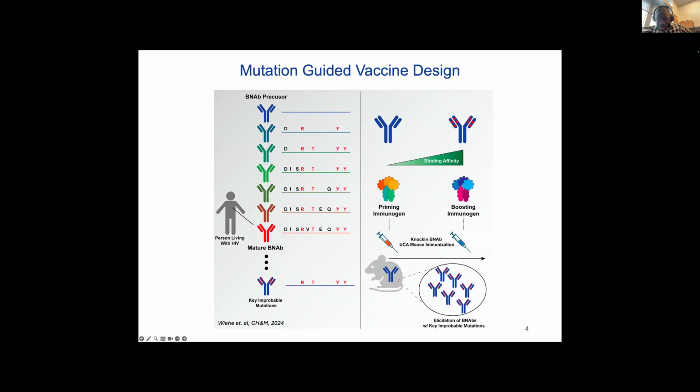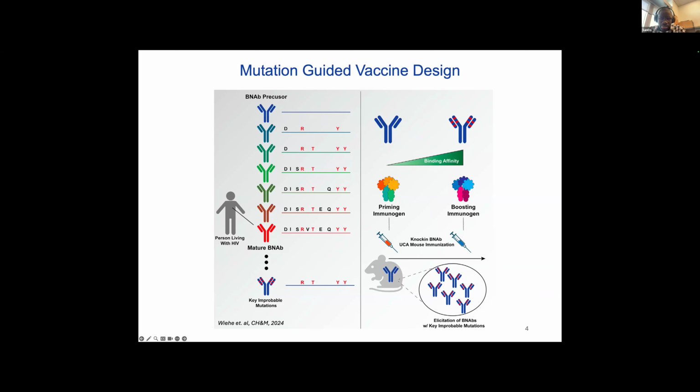So following the detection of bnAbs, HIV vaccine research has focused on training the immune system to induce and mature bnAbs in humans and in non-human primates. The mutation-guided vaccine design strategy aims to design antigens that enhance the immune response by selecting antibodies with targeted mutations at each stage of affinity maturation.